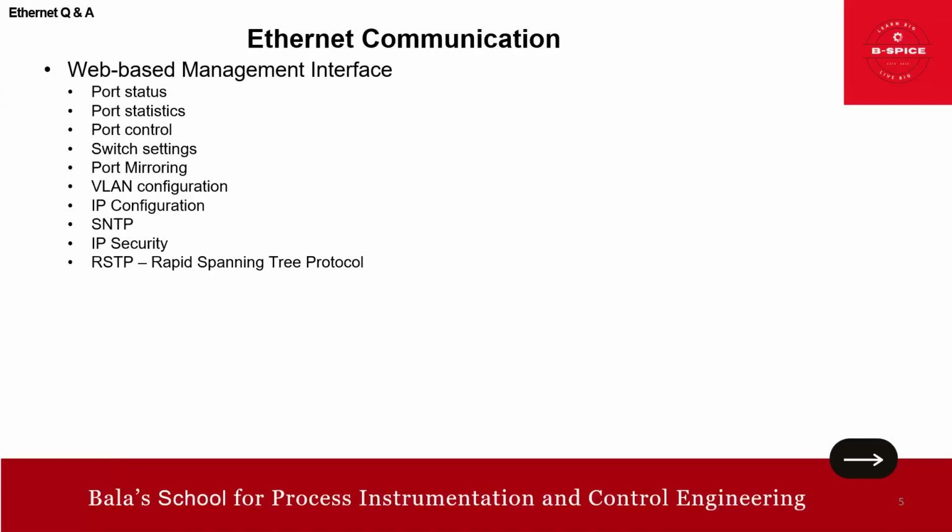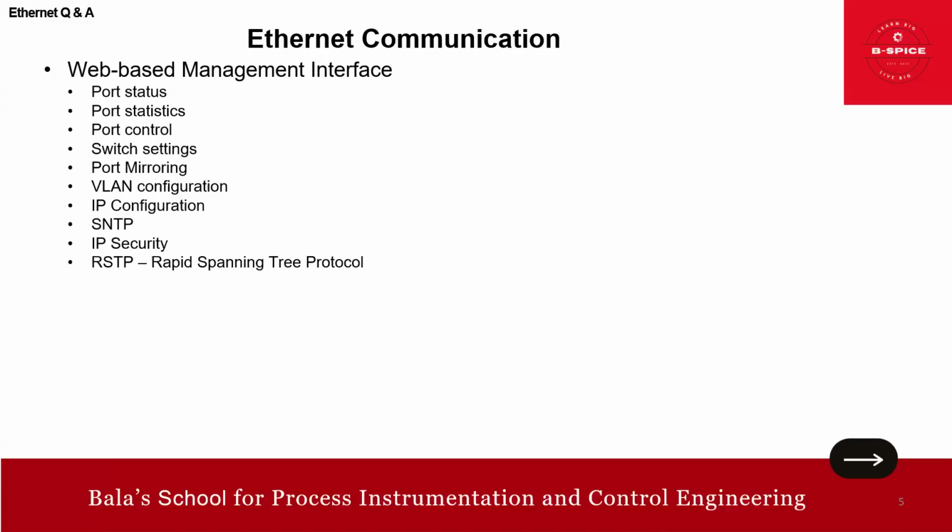This is basically the Rapid Spanning Tree Protocol. It's an evolution of the original spanning tree protocol, which we call STP. It is used in network switches to prevent loops and ensure a loop-free topology in an Ethernet network.